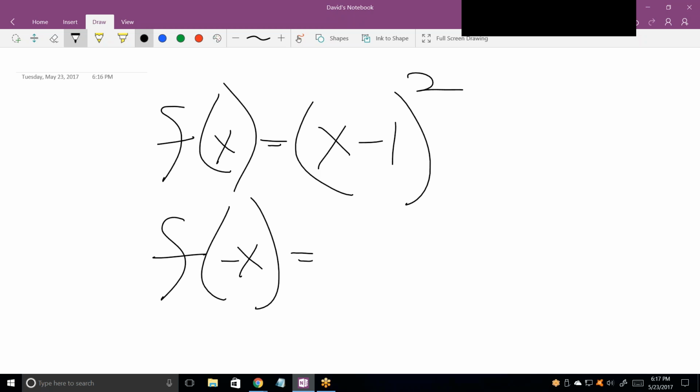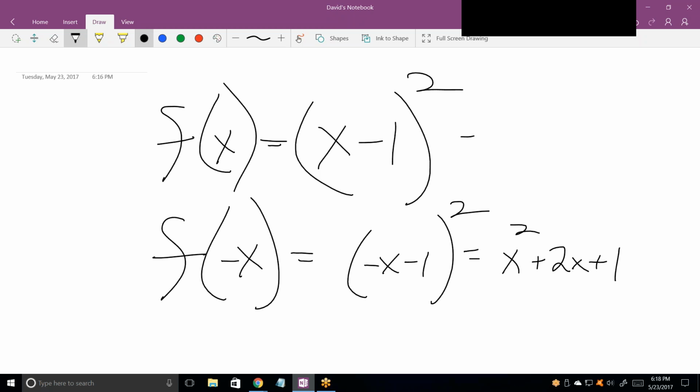So tell me what f of minus x is equal to. Minus x minus 1 squared. Now, let's go ahead and square that, just so you can see. x squared plus 2x plus 1.